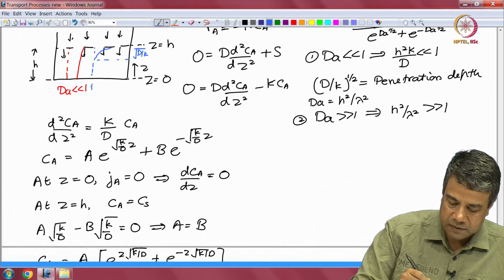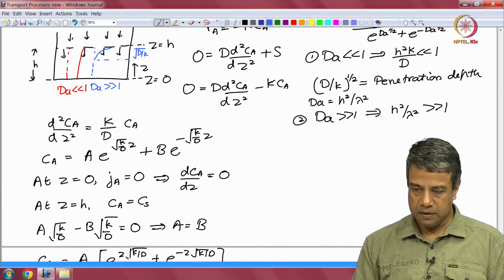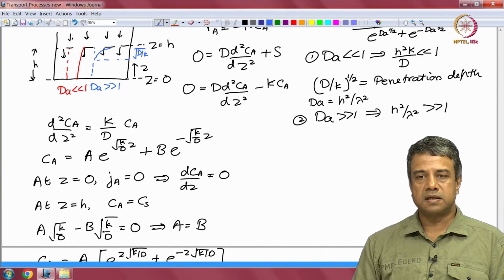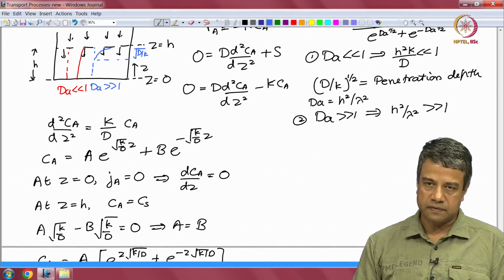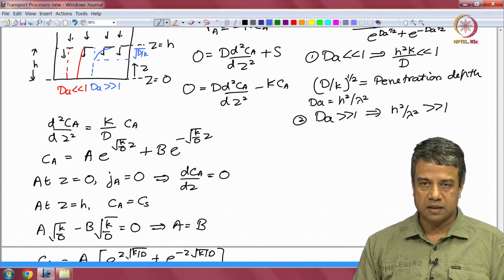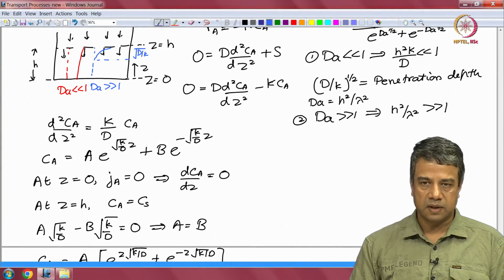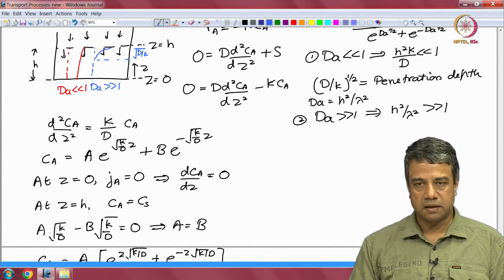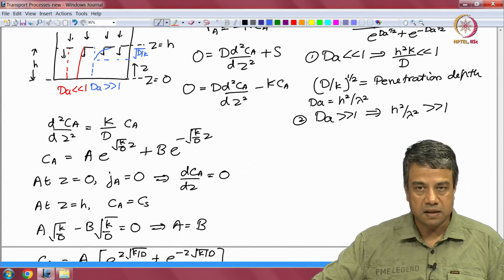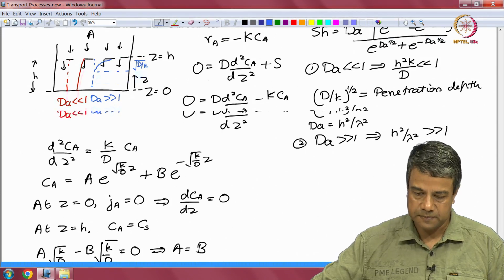This is for dA much greater than 1. So, in this case the penetration is restricted to a thin region close to the interface, and so the material reacts before it diffuses through that region, and therefore there is no solute below that depth, and all of the reaction takes place in a thin region comparable to the penetration depth at the surface itself.